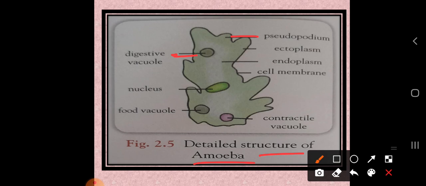Here are the food vacuole and the contractile vacuole, endoplasm, ectoplasm and cell membrane. These are some parts of the amoeba. Let's discuss one by one how the amoeba performs the Holozoic mode of nutrition.